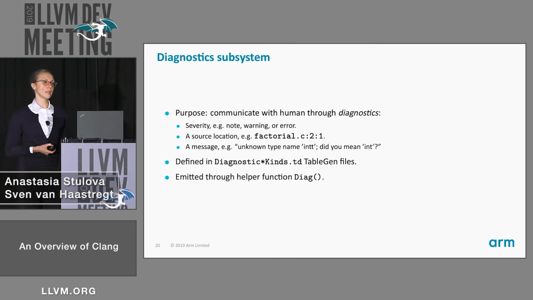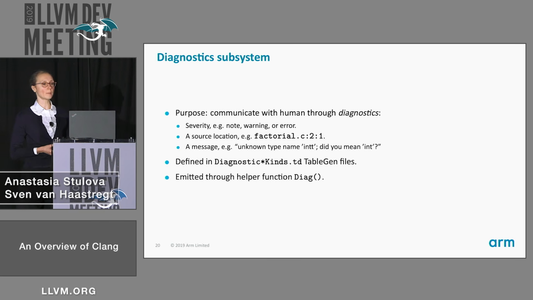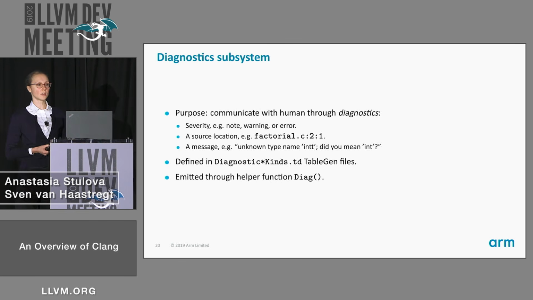Right, so let's look at the diagnostic subsystem in a little bit more detail. The purpose of diagnostics is to communicate to the programmer that something isn't right in the program. And there are several severity levels. You can have notes or warnings. They aren't really harmful. They're just informing you about something that might be harmful. But if your program is incorrect, you will get an error, and the compiler will bail out with no output.